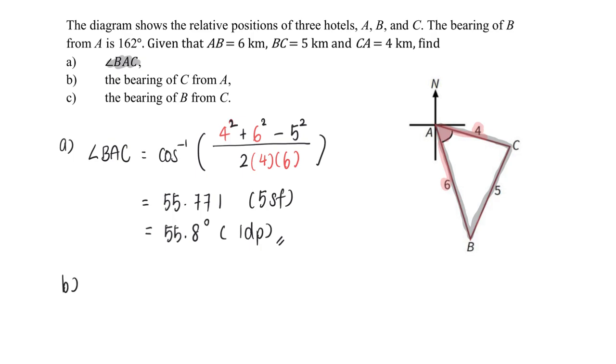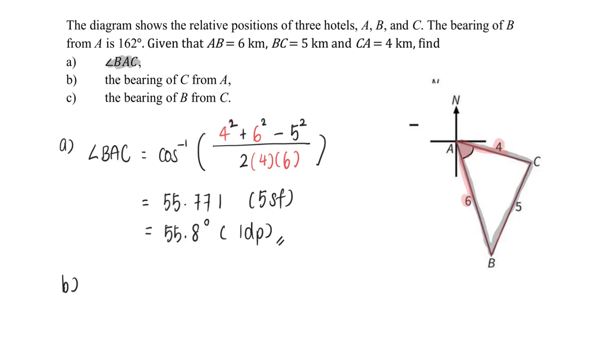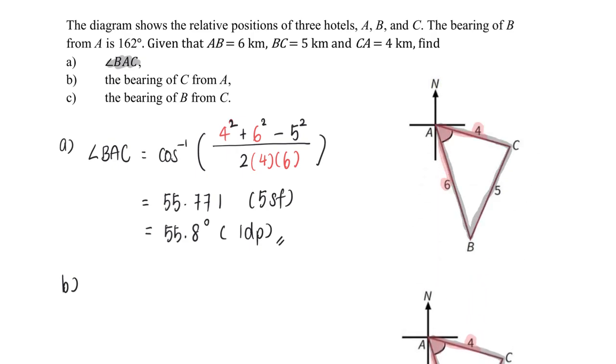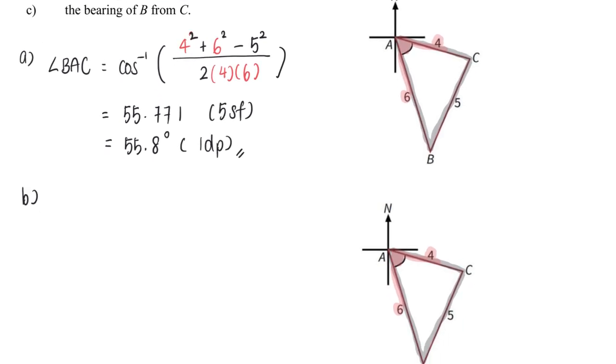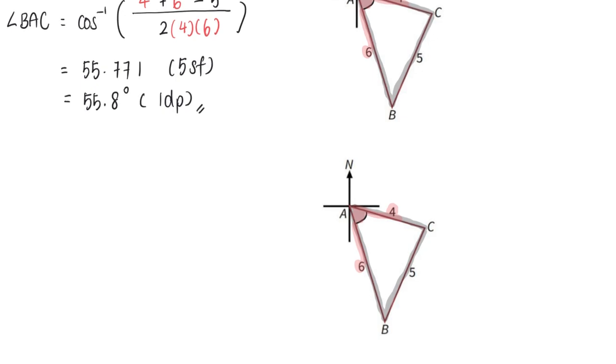bearing of C from A, I'm going to replicate this diagram out. Just to copy this question down. Bearing of C from A, okay, good. So from A is where I'm going to draw my north arrow, and in this case the north arrow is here.